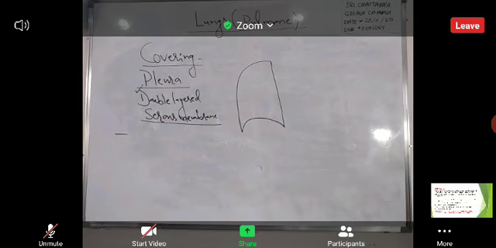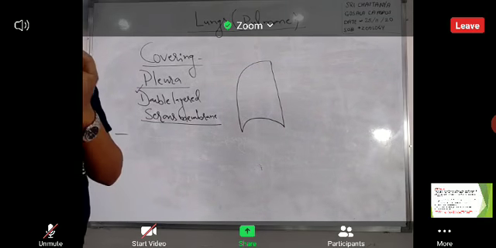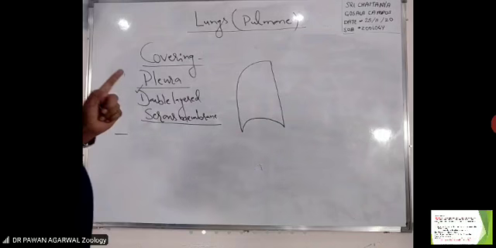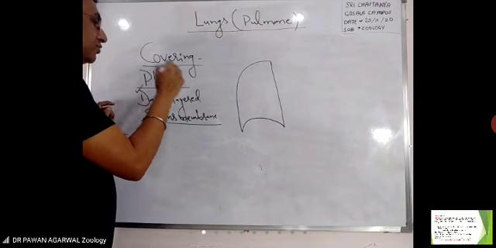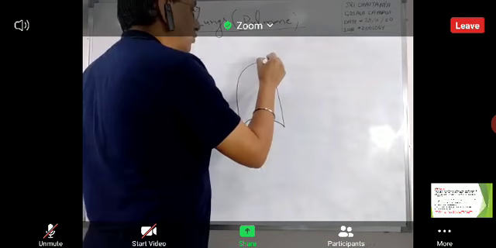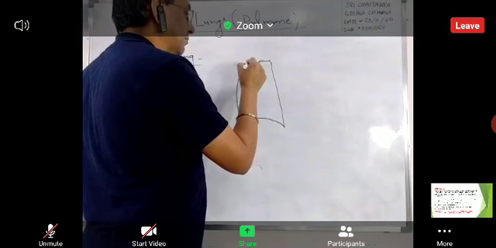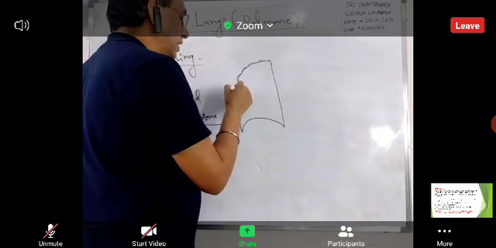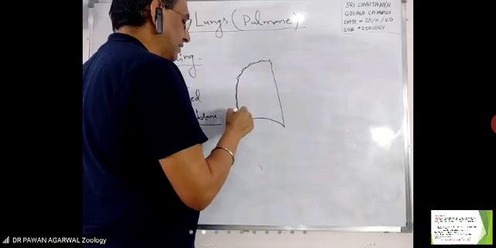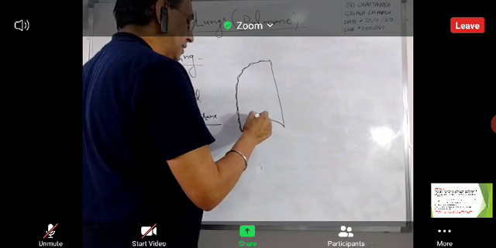See, the membrane is double layered. That is known as the outer membrane and the inner membrane. See carefully. The inner membrane is adhered to the lungs.